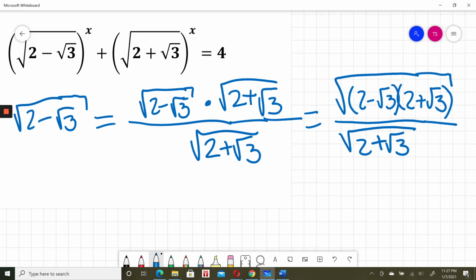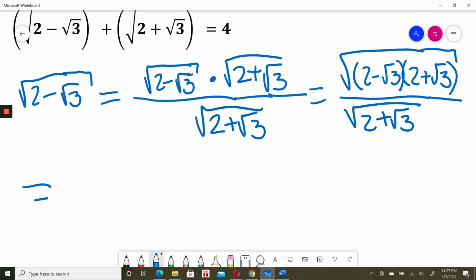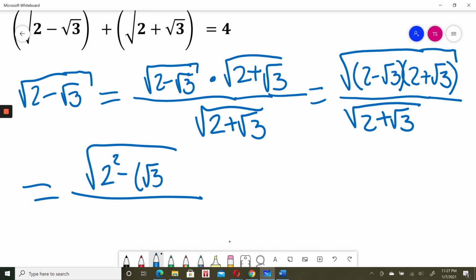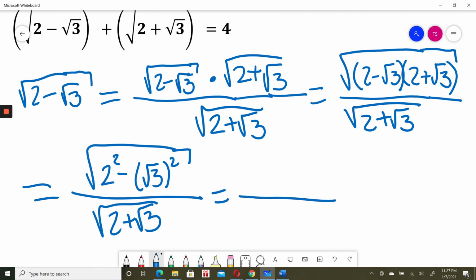Continuing, in the numerator, a minus b times a plus b is a squared minus b squared, so I will have 2 squared minus square root of 3 squared. I'll copy the denominator. Then 2 squared is 4, square root of 3 squared is 3. The denominator I can just copy.